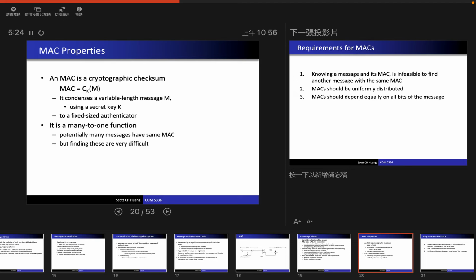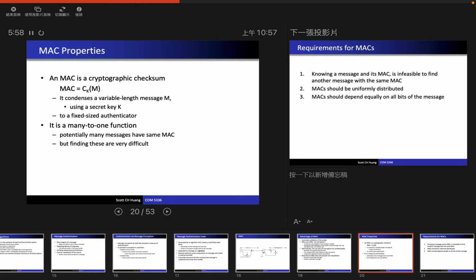That's error detection. A MAC is kind of like that checksum, but a cryptographic one, using a secret key. It's not just checking whether the message has been altered, it also gives you validity. We use a secret key K to condense a message from any arbitrary length to a fixed size, so it's a many-to-one function.